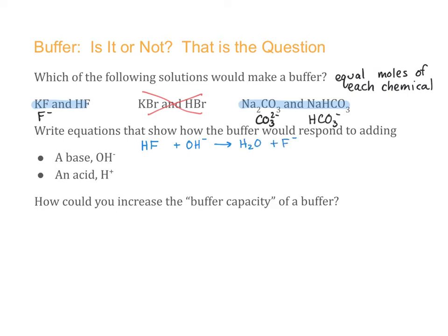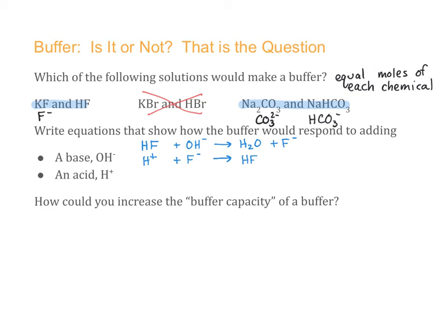If an acid was added to that same buffer, we're adding H plus, then it's the F minus part of the buffer that's going to neutralize the acid, making HF. So the reason the buffer works is because whether you add an acid or a base to it, there's something there to neutralize it. We have both a weak acid and a weak base, so it'll neutralize both acids and bases.